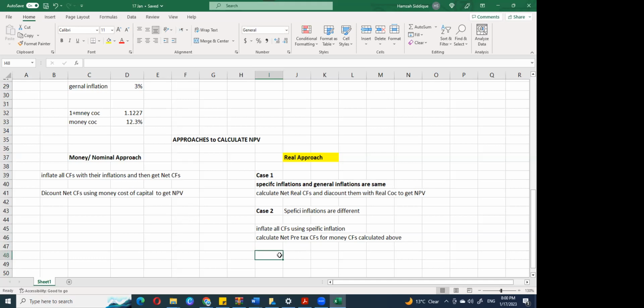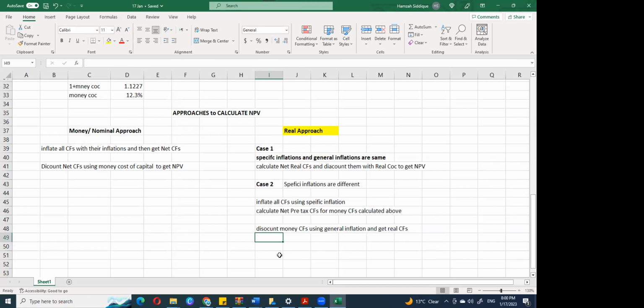And the third is, discount money cash flows using general inflation and get real cash flows. Add or deduct all remaining adjustments of NPV, pro forma, right?